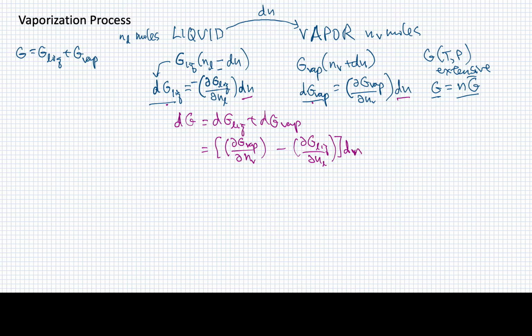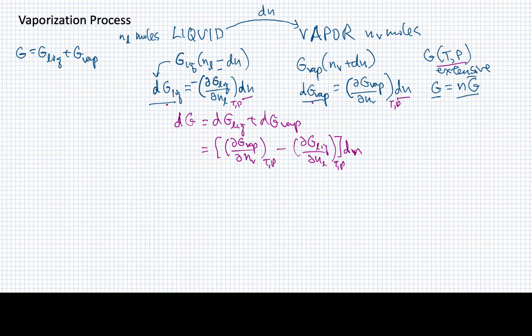Now, I started to say something earlier and didn't finish it. I know that Gibbs energy is a function of temperature and pressure, so I need to include those as being held constant when I take these derivatives. I want to be sure to include that so that I'm not leaving anything out.